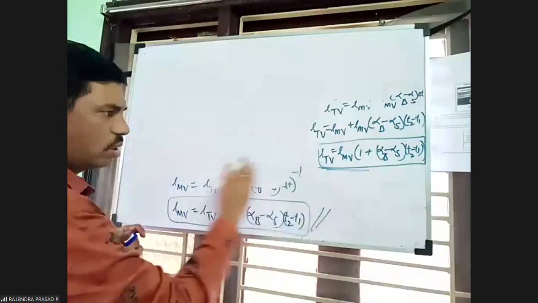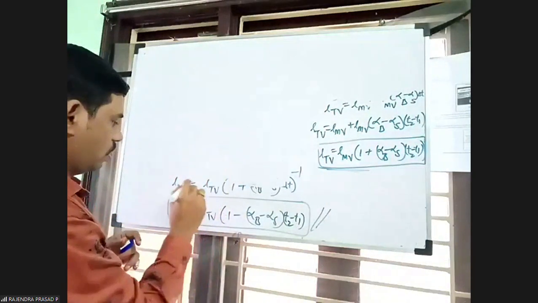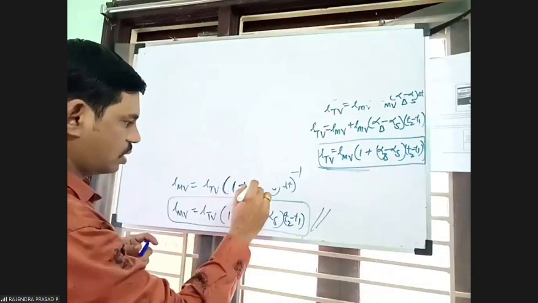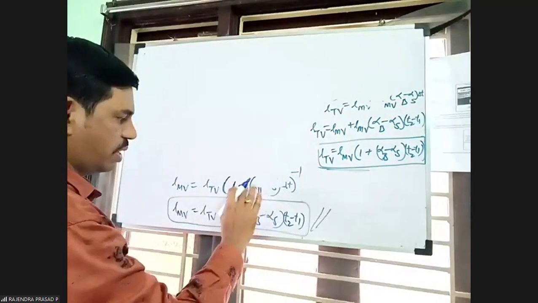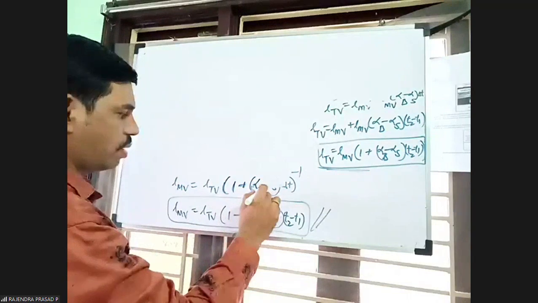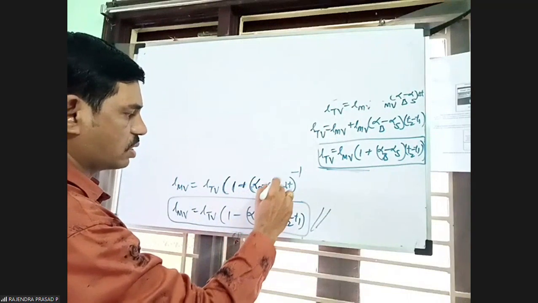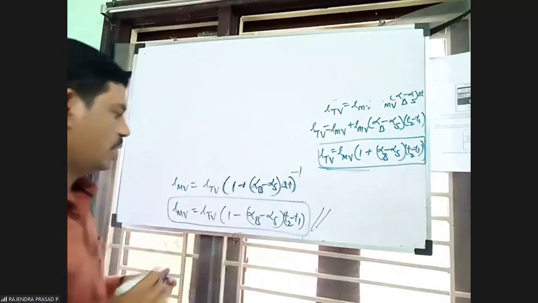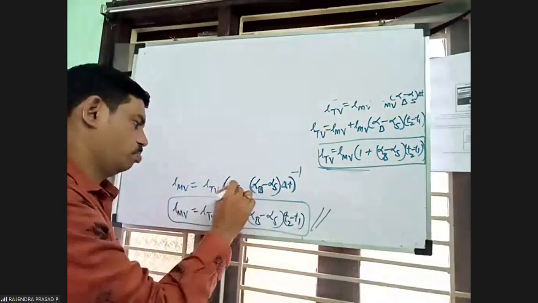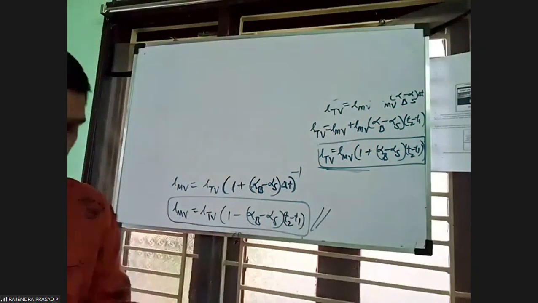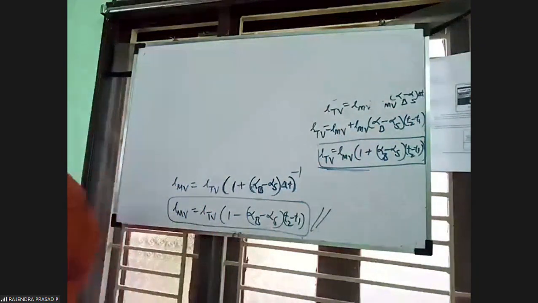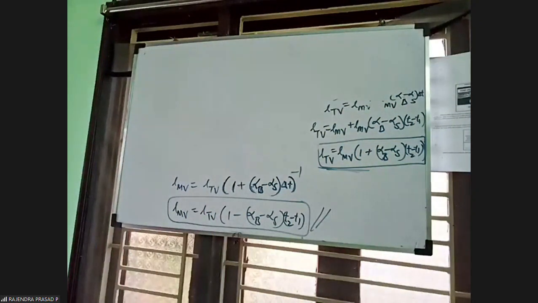Write down: 1 plus alpha b minus alpha s into delta t. So expansion of solids completed. Yes, sir, completed.